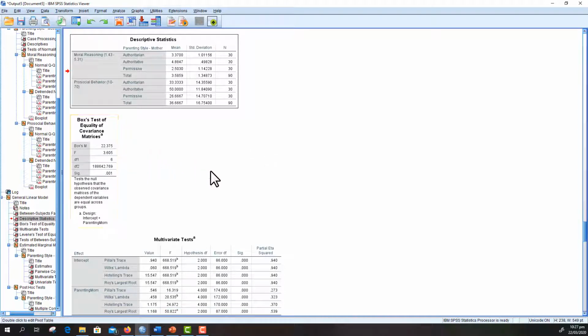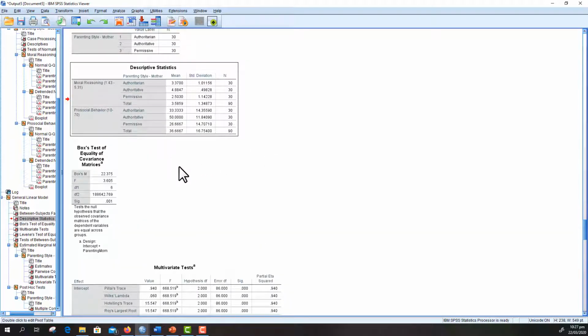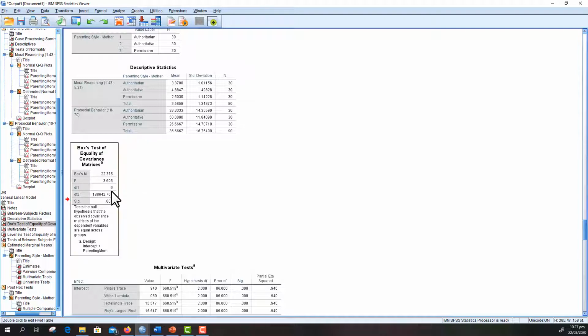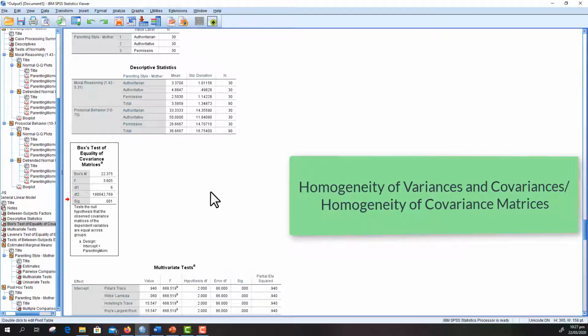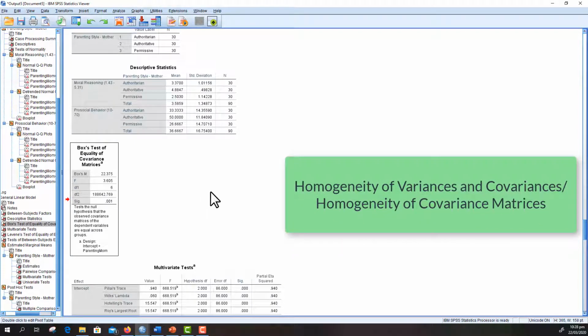Now, before we interpret any of the remaining tables, we first need to check for the last assumption, which is the assumption of homogeneity of variances and covariances, also labeled as homogeneity of covariance matrices.